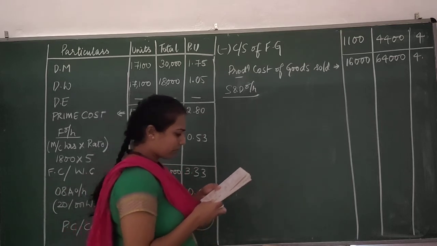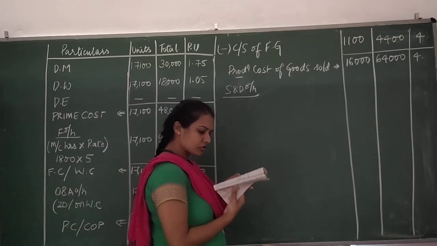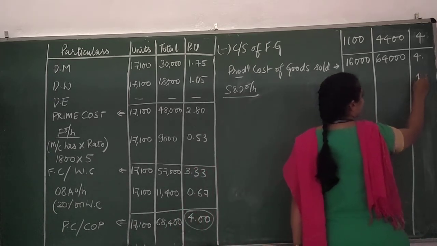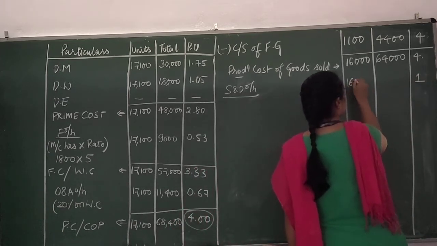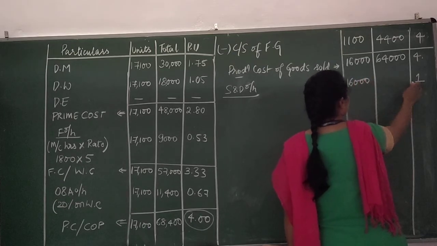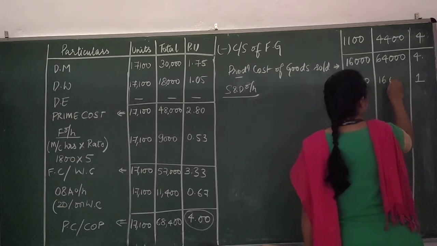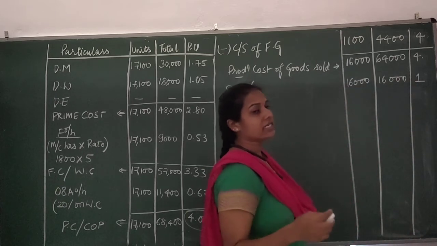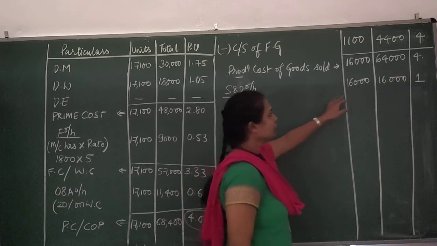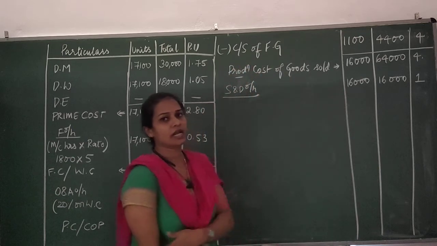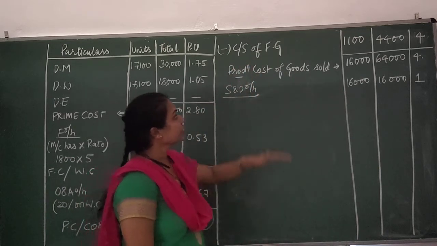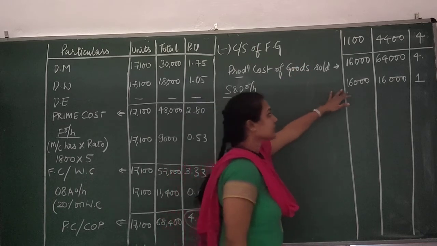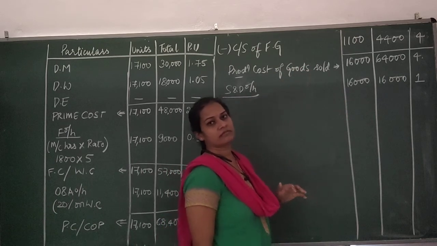After this, you will take your selling and distribution overhead. In this particular problem, selling and distribution overhead is 1 rupee per unit. So 1 rupee, and how many units are being sold? 16,000. So 1 into 16,000 gives you 16,000. Now please remember, you might have a doubt saying that, ma'am, the units produced is 17,100. Yes, but the finished goods are being deducted by 1,100, so 16,000 only you should take.